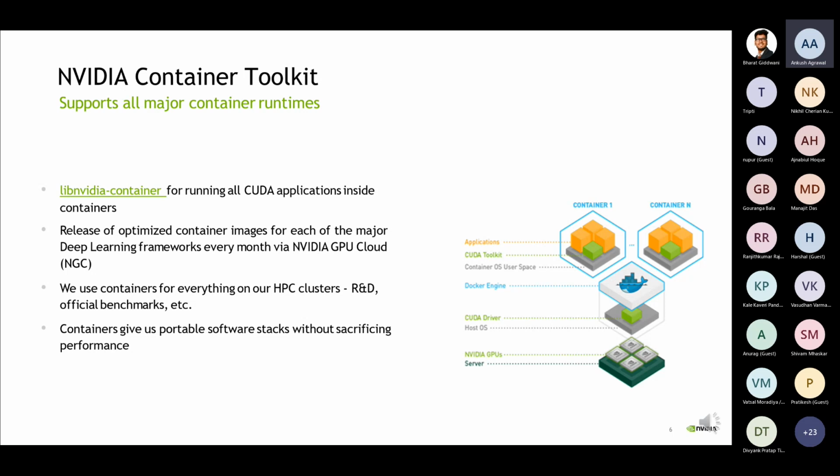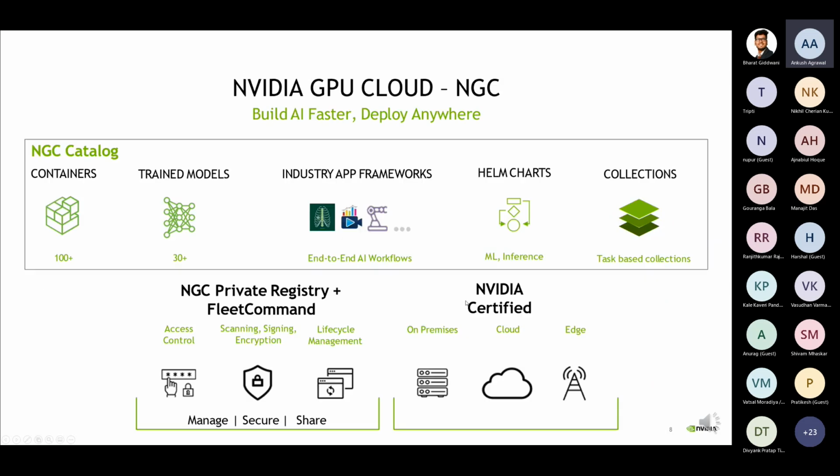Okay, so by all container runtimes, I mean all, not just Docker. We have given this NVIDIA Container Toolkit support to all other container runtimes like Singularity, Podman, Enroot, and so on. Okay, so this is a major installation you need to do before installing any container runtime like Docker. Otherwise you won't be able to utilize the GPU.